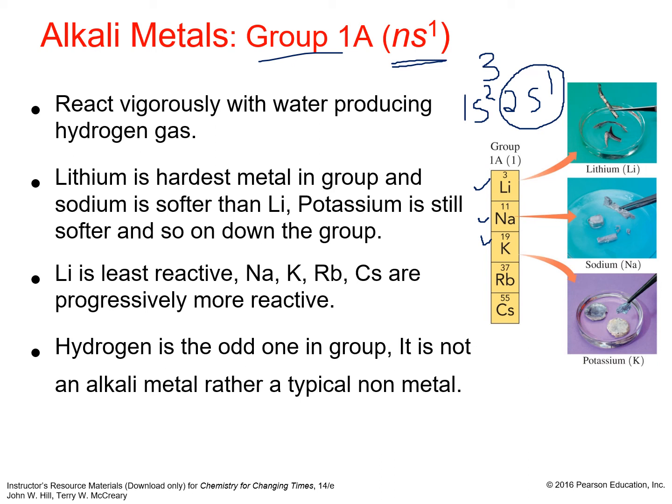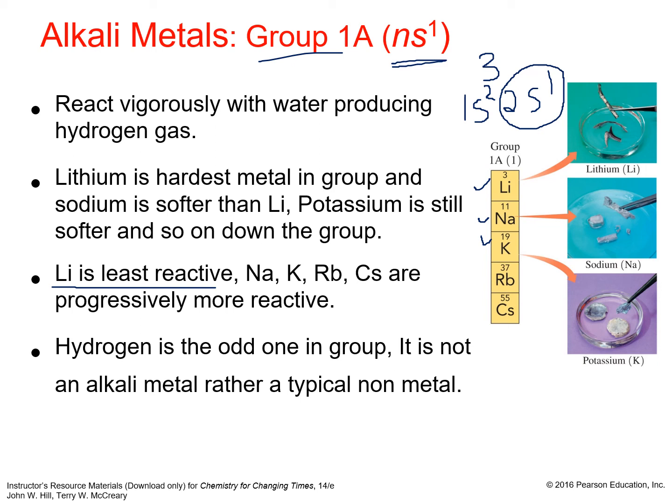Here, lithium is the least reactive. Sodium, potassium, rubidium, and cesium are more reactive. Lithium is the hardest metal in the group, and sodium is a soft metal, and so on. You are not expected to know the properties, but you definitely need to know what alkali metals are.